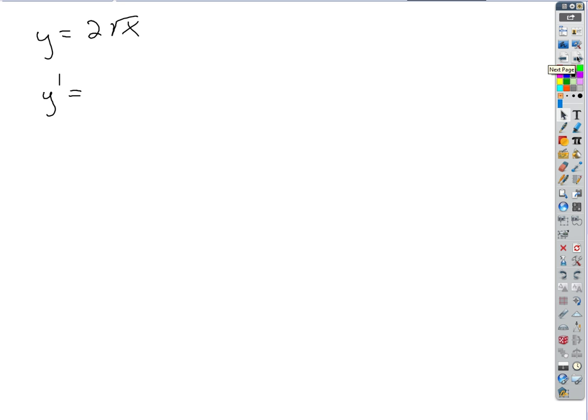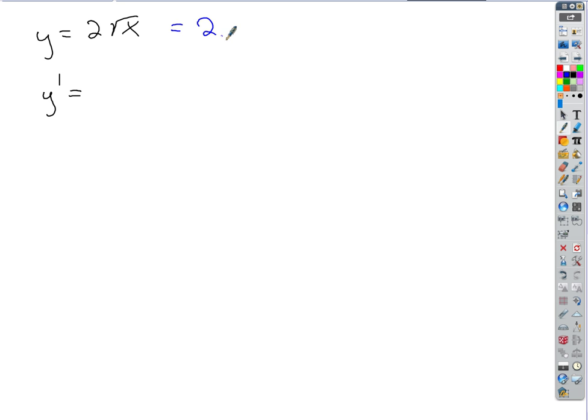What am I doing with that one? How am I going to rewrite that as a power, so I can use my power rule? X to the 1/2, there you go. So we can rewrite this then, now it looks good, right?